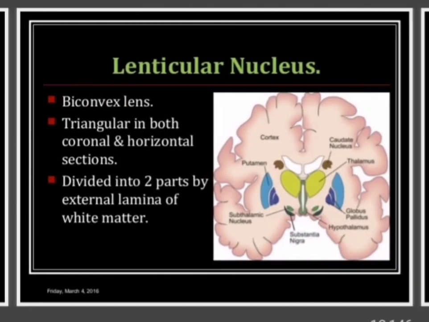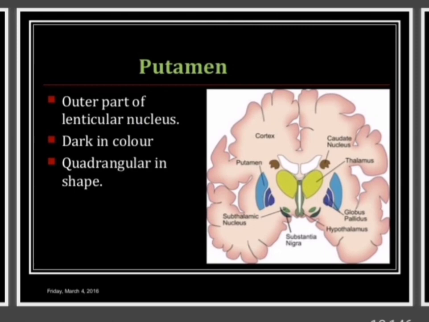Lenticular nucleus: you are looking here at the section of the brain on both sides, biconvex lens-like, triangular in both coronal and horizontal sections, divided into 2 parts by the external lamina of white matter. Putamen is very much important. It is the outer part of the lenticular nucleus, dark in color, quadrangular in shape. That's the putamen.